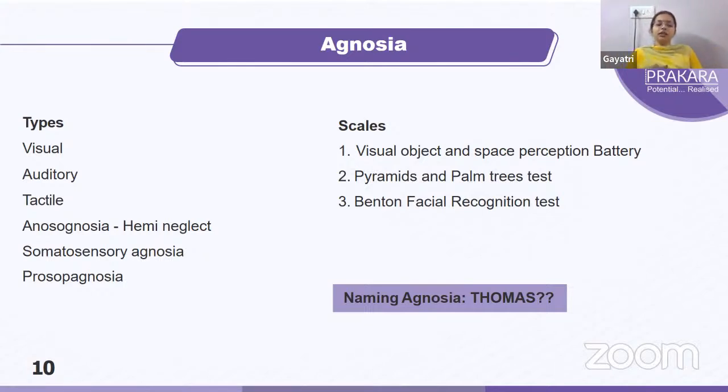So if I ask a patient to go pick up sand, just the fine sand without the gravel or stones, he should be able to identify, but these people do not, because they cannot get the somatosensory input. Although they're touching the sand, the stones, the gravel, they feel everything is the same. They cannot tell the differences.